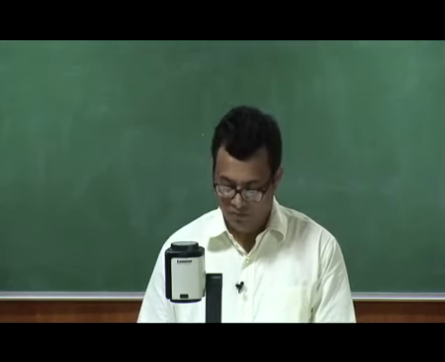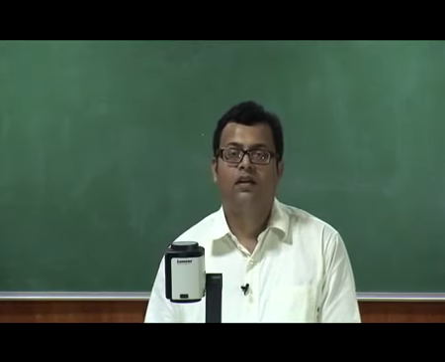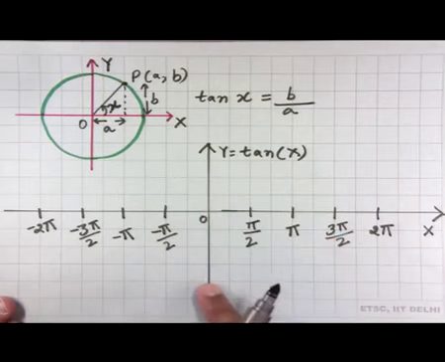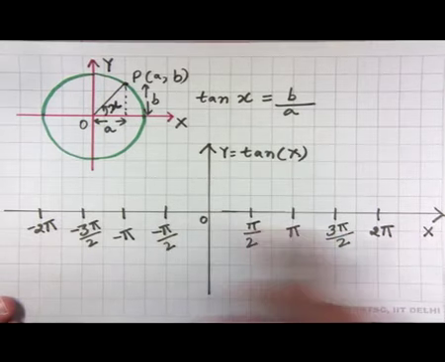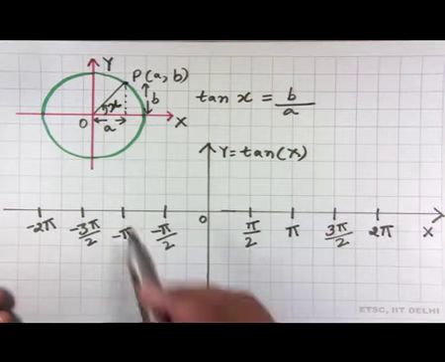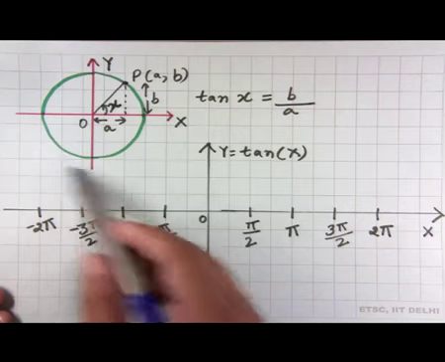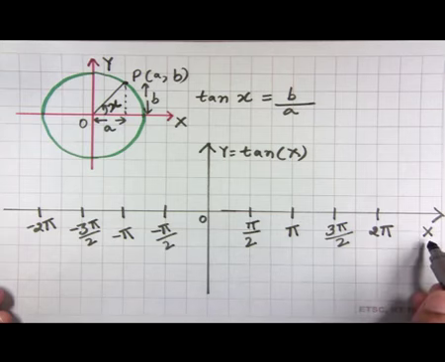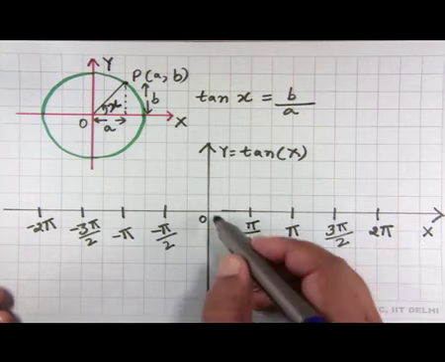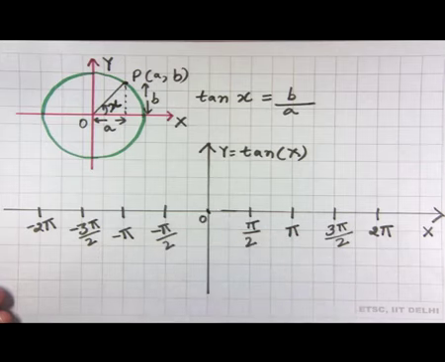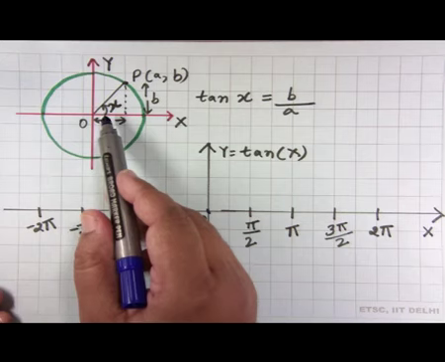Let us now plot the graph of tan x on the y axis versus x on the horizontal axis. For that, we will again take help of this unit circle with center at O. Let us say that we start with the angle of rotation x equal to 0 degrees.